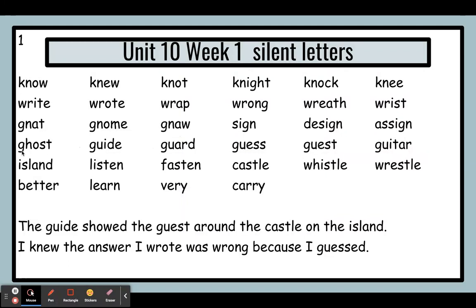Next line is our G with the silent vowel after spelling. So we do not hear the H here. G-O, ghost, ghost. We don't hear the U. The rest of these words on this line have a silent U, so it's just G. G-I, guide, guide. G-A, guard, guard.